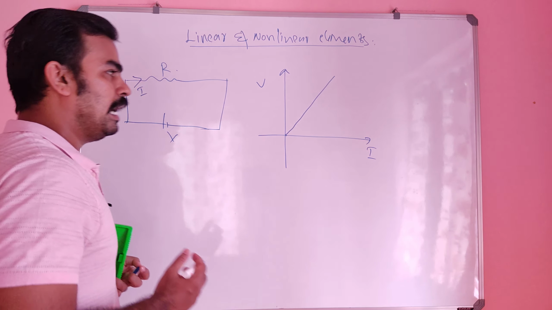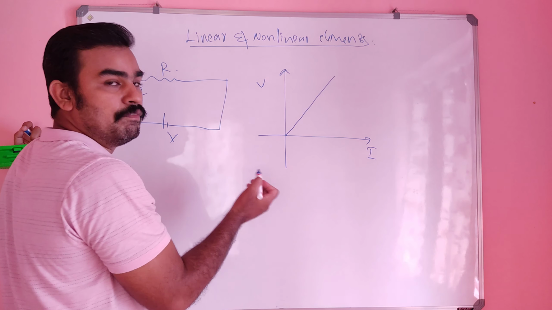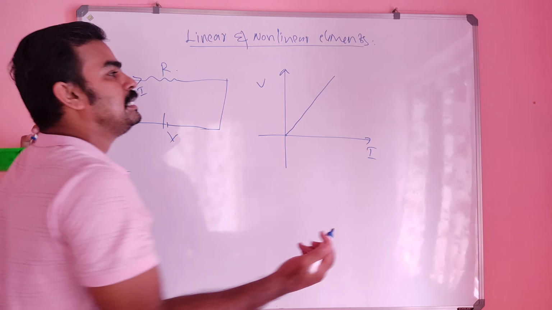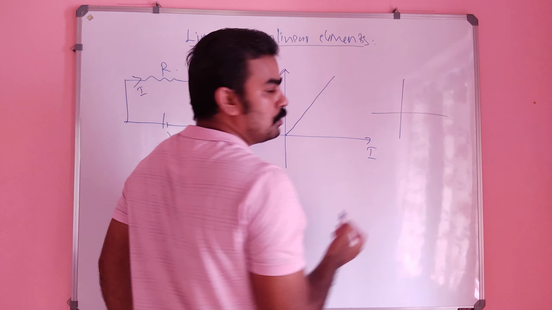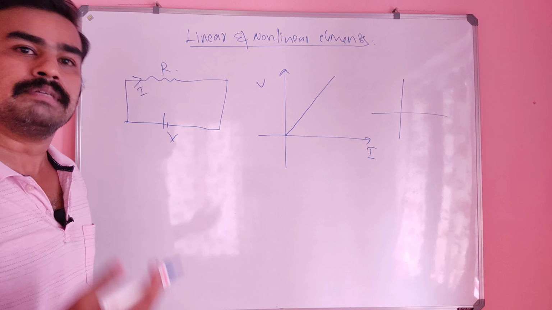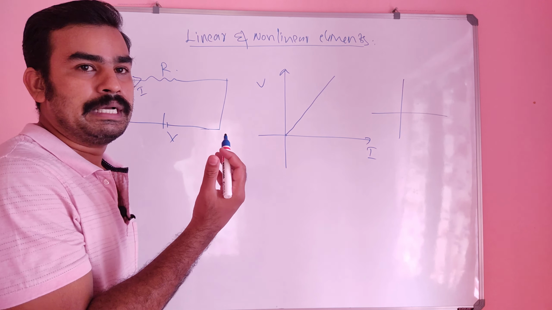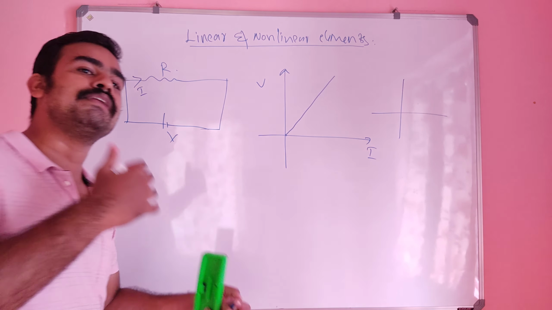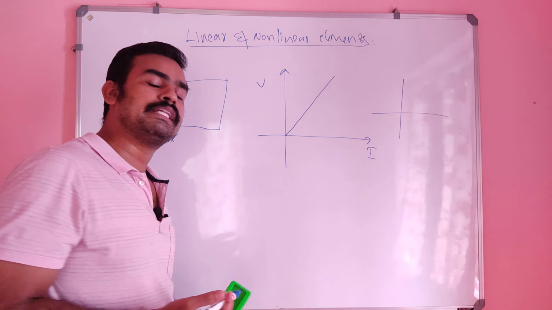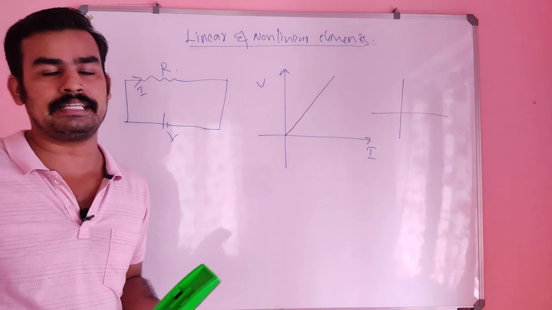And any element which doesn't follow these characteristics is known as a non-linear element. For example, a diode. Suppose we are giving an alternating current or DC current through a diode, what happens? It will conduct for a certain region and it will not conduct for a certain region. We already know that for forward biasing it is conducting and for reverse biasing it is not conducting.